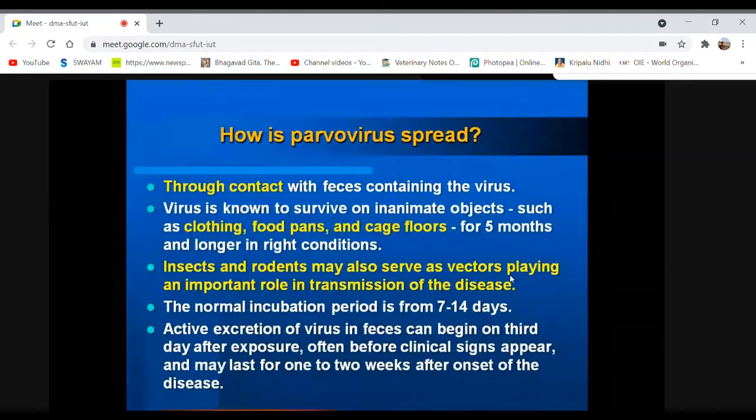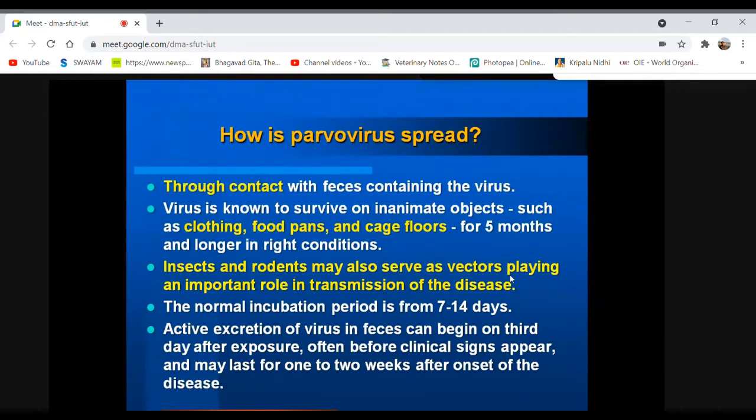The normal incubation period of the disease is 7 to 14 days. Active excretion of virus particles in the feces of affected dogs starts on the 3rd day of exposure, often before clinical signs appear. So after the 3rd day of infection, even though they have not started showing clinical signs and symptoms, they may start excreting the virus in their feces.